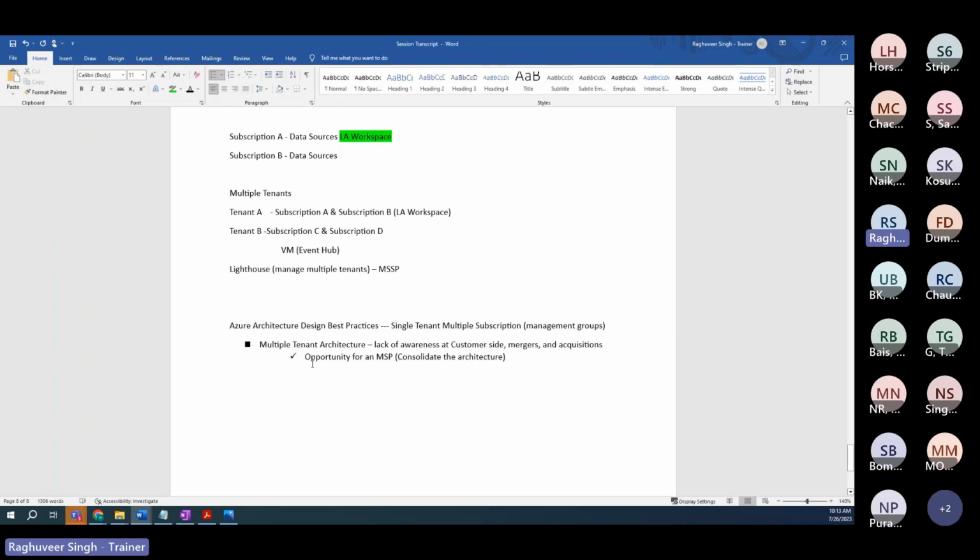So if you want to know who are the players who can help you with consolidating the architecture, there is a partner portal on Azure which houses Azure expert MSPs. So you have Azure expert MSPs till 2019.